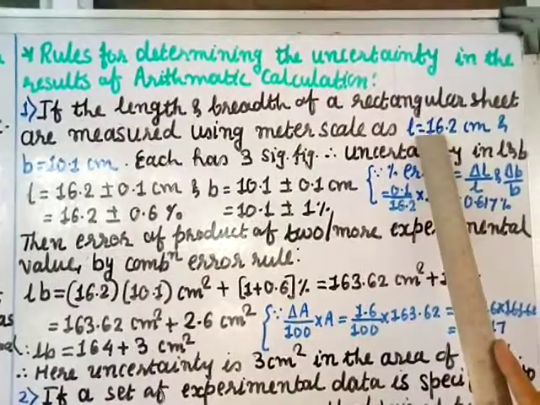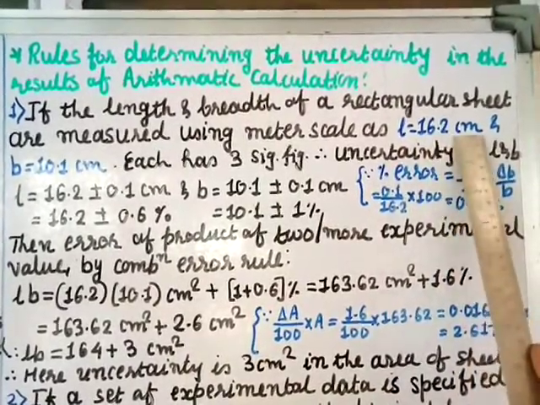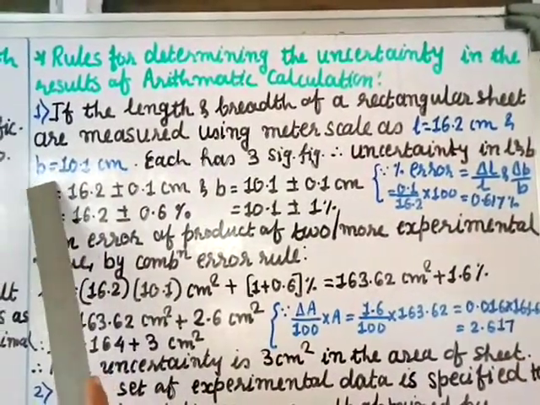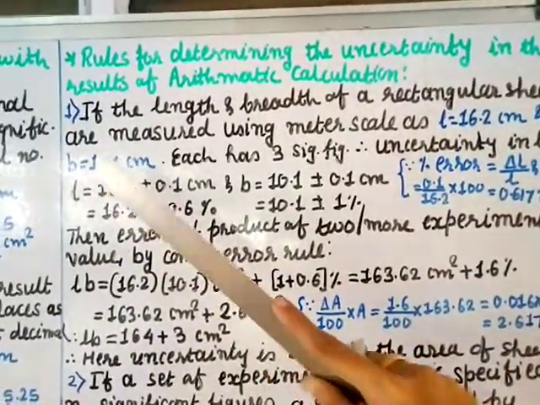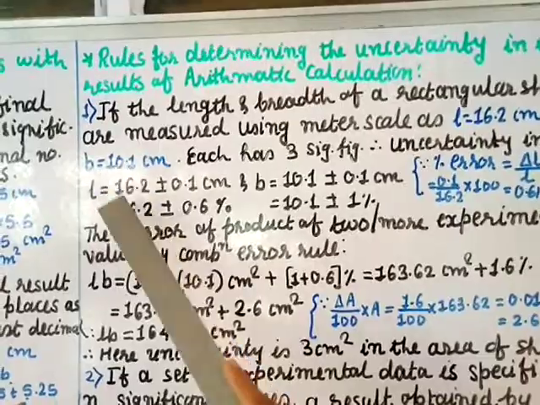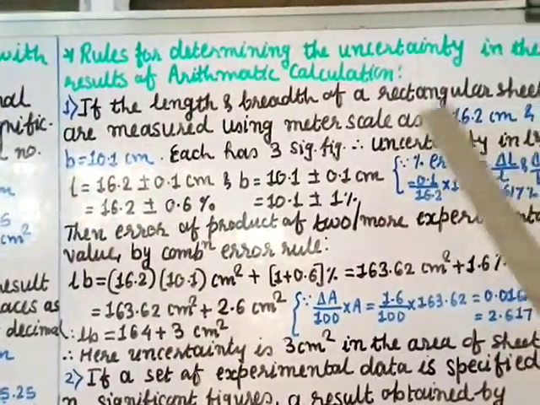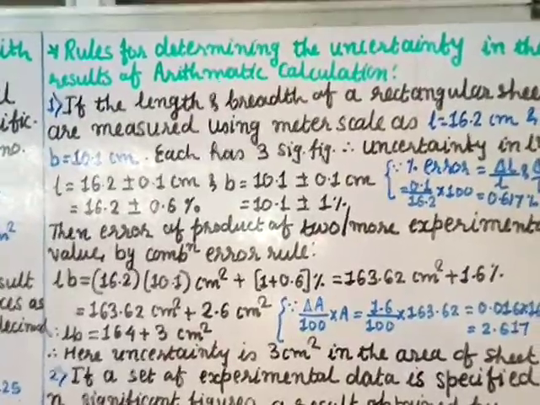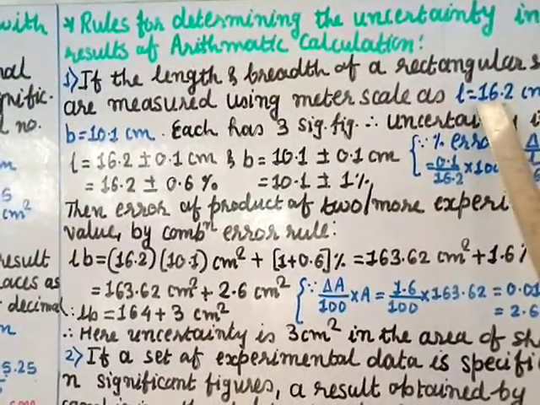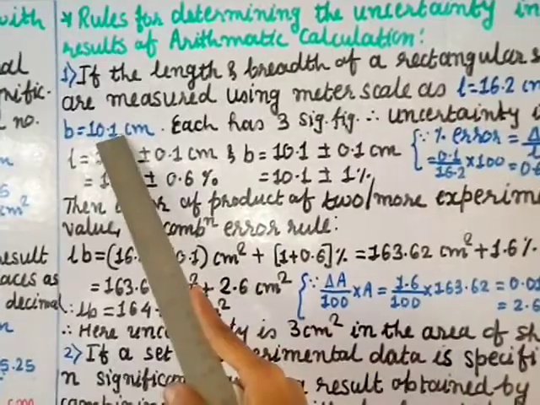Its length is measured as 16.2 centimeter and breadth is 10.1. So it is 1 precision, right? So the uncertainty will be 0.1, because the measuring instrument which you are using has an uncertainty up to 0.1.